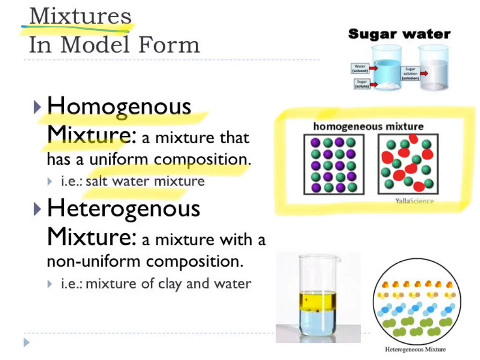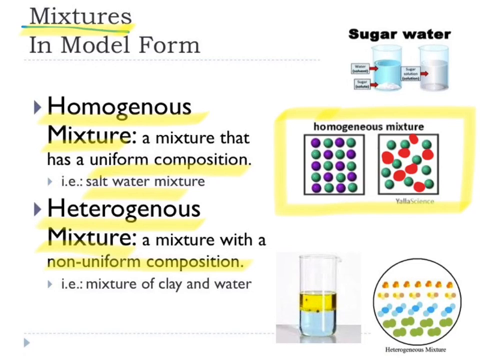And then we have a heterogeneous mixture, hetero meaning different, non-uniform composition. So we don't have to wear uniforms here. We all get to wear whatever we want to wear, as long as you're in dress code. And so we all look different.